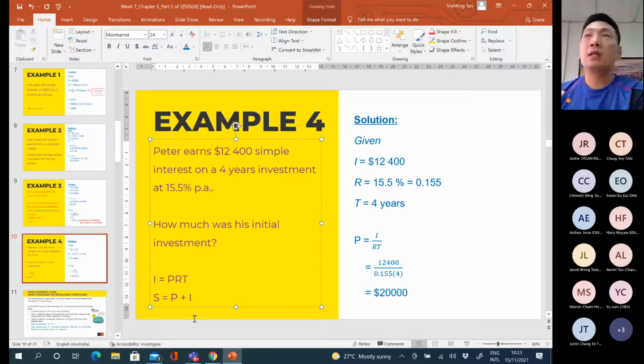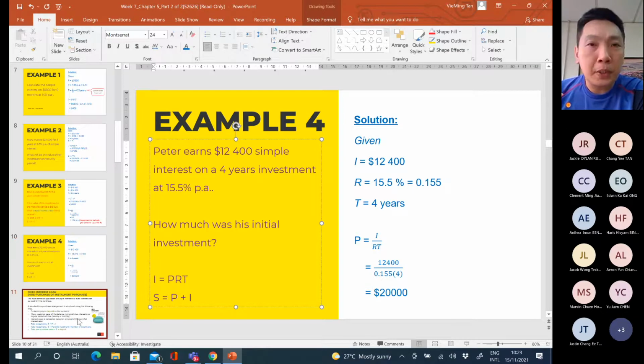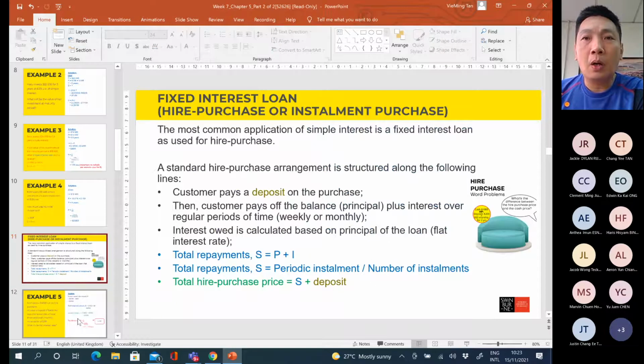All right, this simple interest calculation can also be applied to the hire purchase agreement, or we call it the installment purchase.